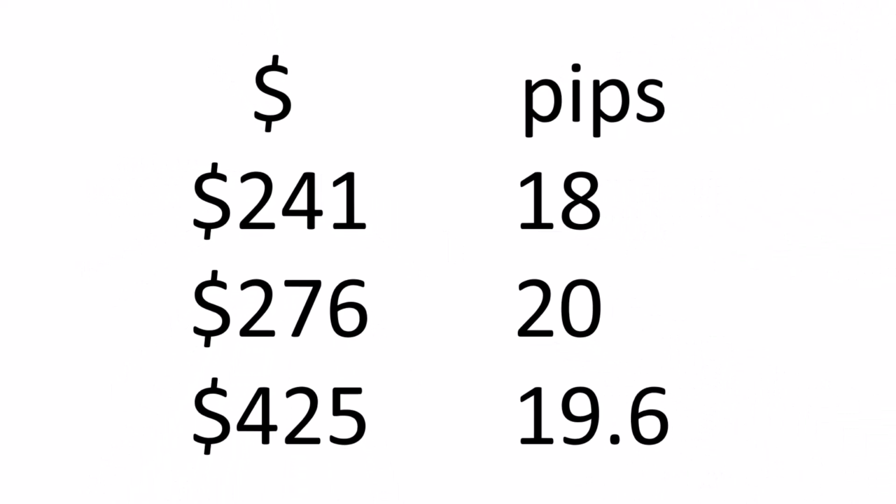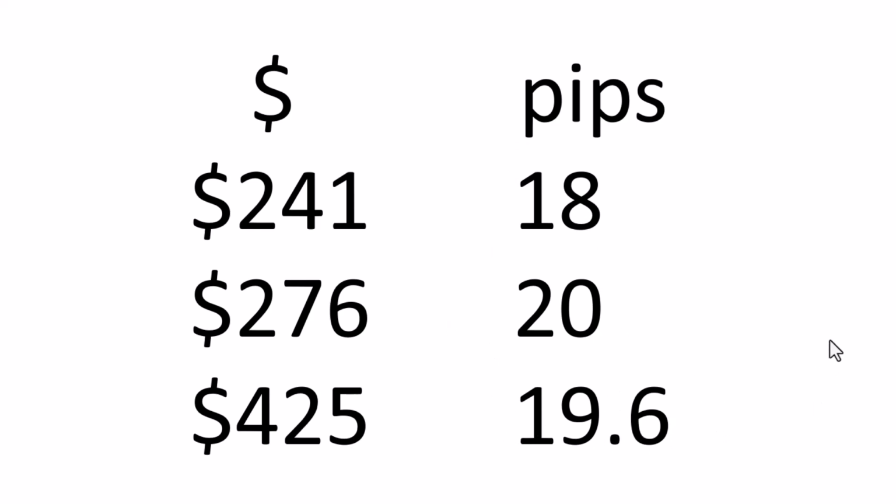Okay, so here are the numbers that I've just gone through. The first trades gave that result, 18 pips and 241. Then the next one gave that amount, 276 and 20 pips, and then this one was clearly completely different, 425, but the pips stayed constant at around 20.